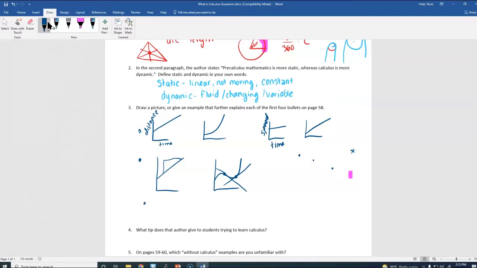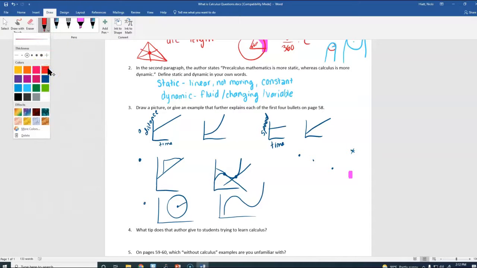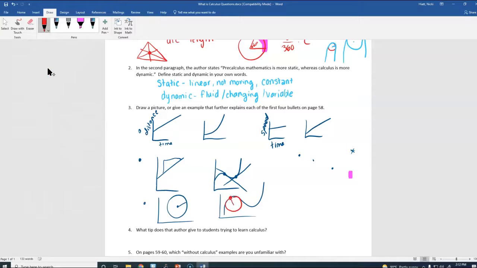Alright, curvature of a circle is constant and can be analyzed with pre-calculus. Curvature of a curve is variable. For example, if you have a circle, that radius is the same all the time. But if you have a curve, at this point we might have this radius, but over here we might have a different radius, although those look about the same there.